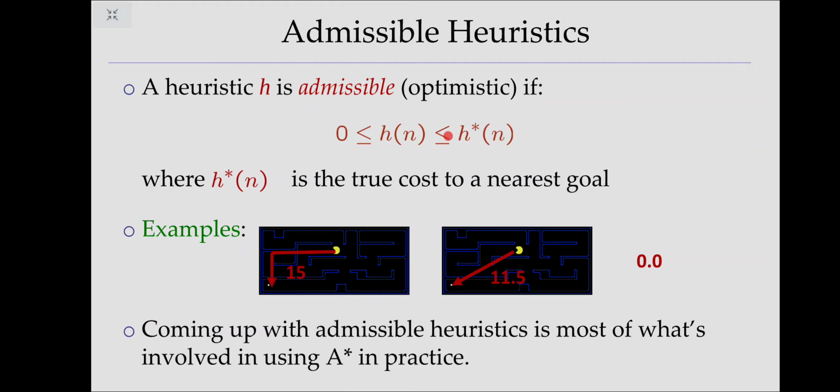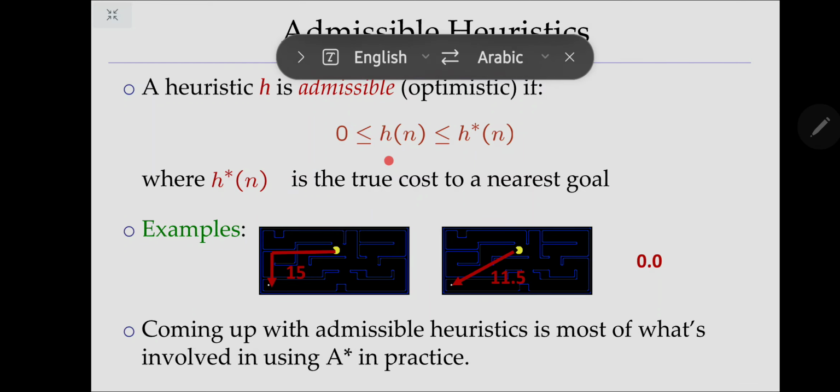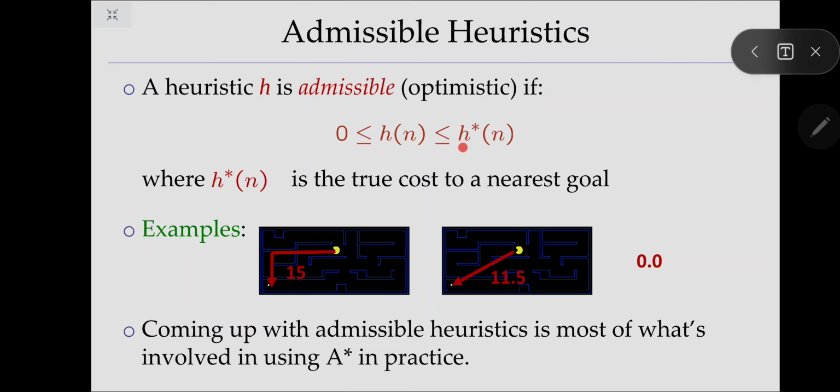That means if the optimal cost of the path between the node n and the goal is h star n, then the heuristic of the corresponding node belongs to the interval of 0 up to h star n.